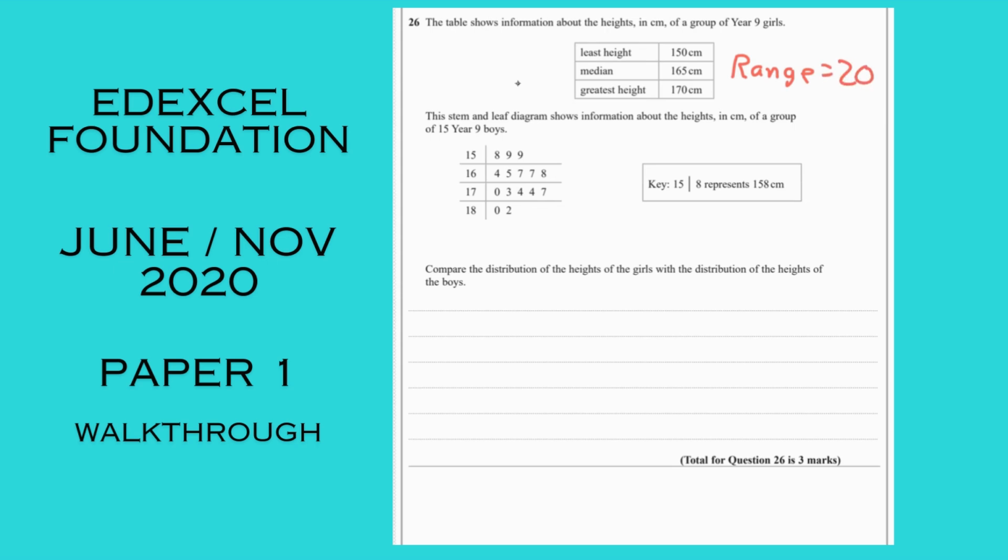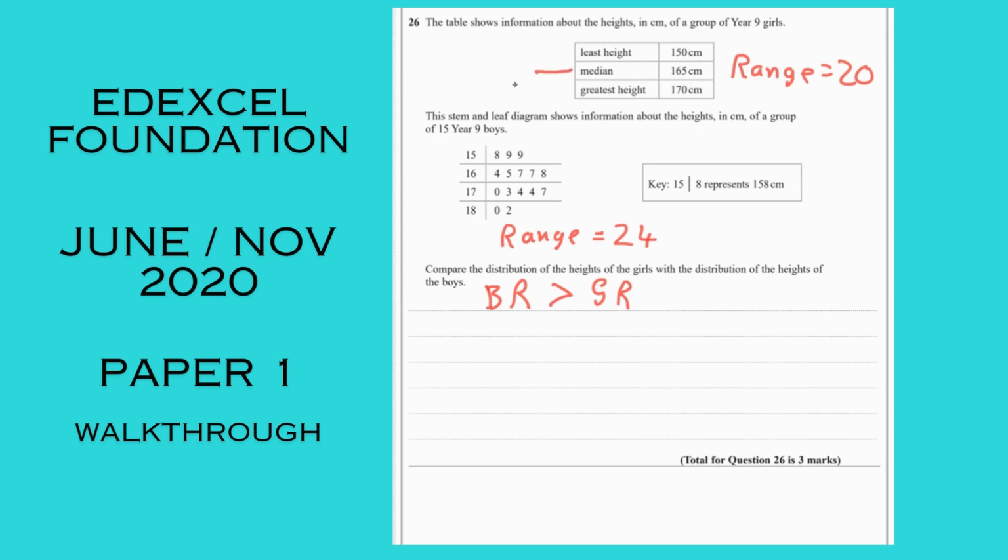The range for the girls is 20. Range for the boys, 182 minus 158, 24. So one of your sentences needs to say that the boys' range is bigger than the girls' range. No need to go in depth any more than that.